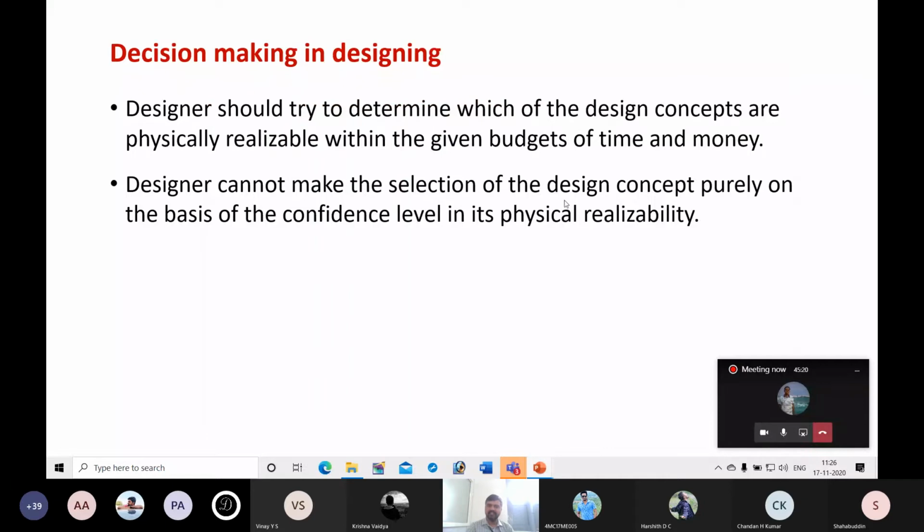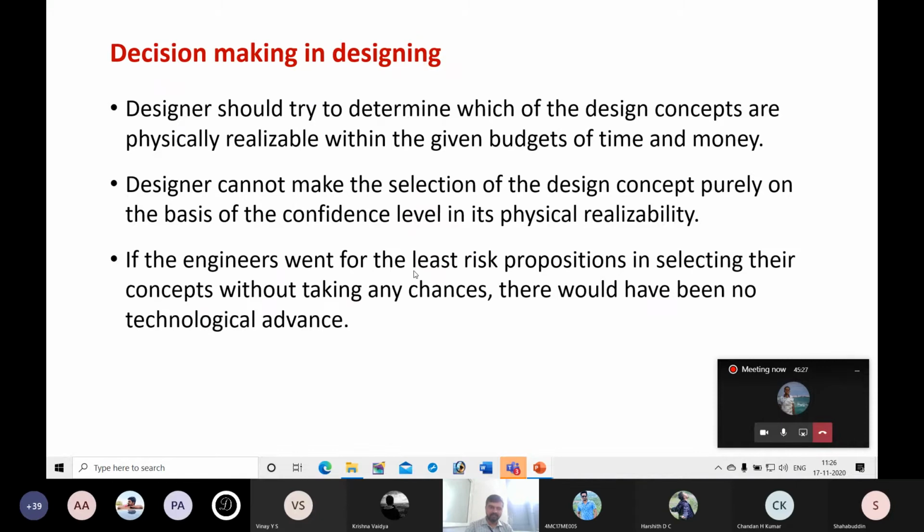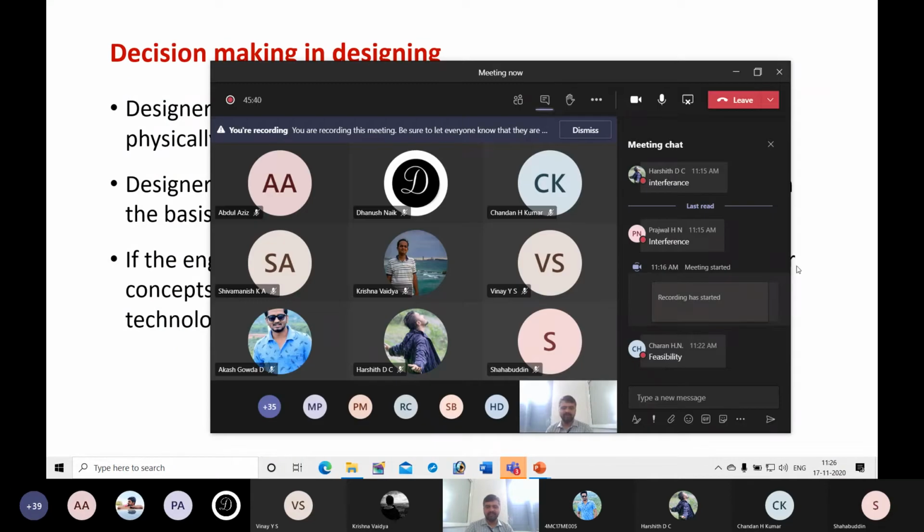The designer cannot make the selection of the design concept purely on the basis of the confidence level in its physical realizability. If the engineers went for the least risk propositions in selecting their concepts without taking any chances, there would have been no technological advance. We have discussed the evolution of the bicycle, the evolution of the razor.